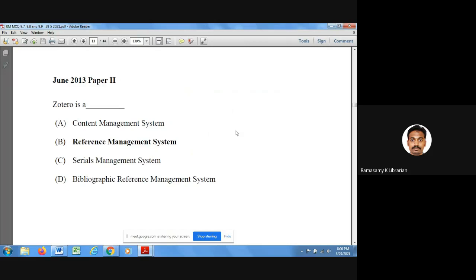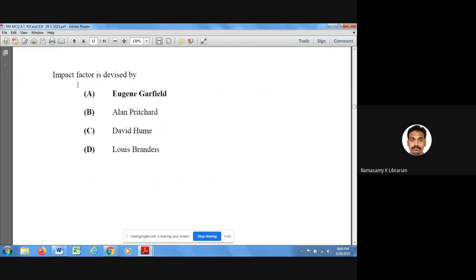Impact factor was devised, as I told you, by Eugene Garfield, the father of citation indexing, who was behind the establishment of ISI, the Institute for Scientific Information, which had started Science Citation Index, Social Science Citation Index, and Arts and Humanities Citation Index, which were then merged to form Web of Science long back in 1997. So Eugene Garfield devised the impact factor for measuring the relative importance of journals.